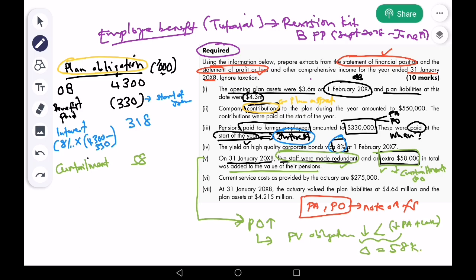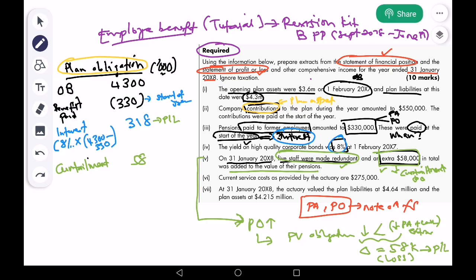Under this 58k, you have to pay extra. This is considered a loss. Don't forget, later I will explain, it must be transferred to P&L. Same goes to this. This must be transferred to P&L as well. Now curtailment is 58.